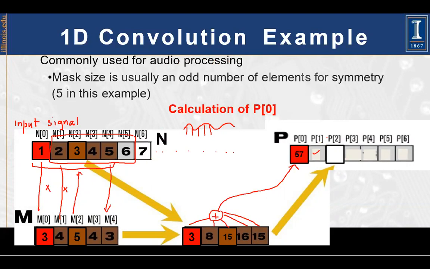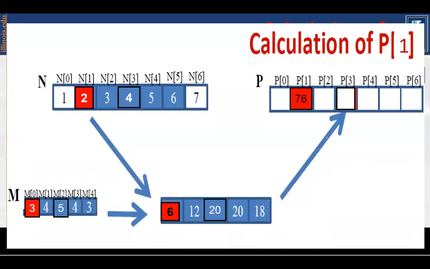Once you have seen this in detail, just to elaborate, you might see the next slide and find it very obvious. Here is the calculation of P1, which I mentioned. Now I have put the same filter on the next position, slide it.